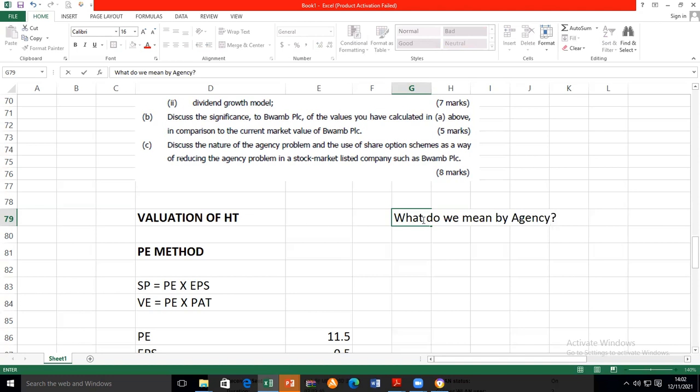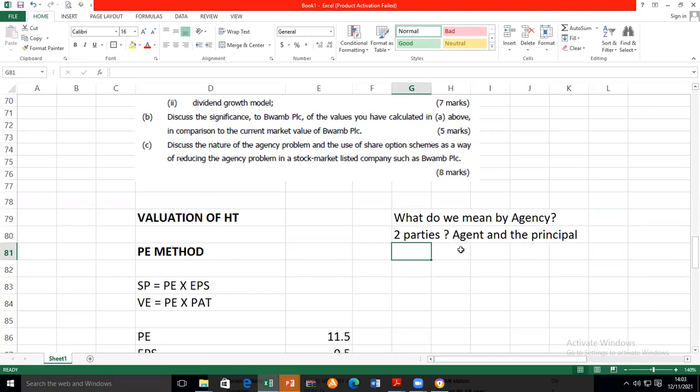This is a contractual relationship where there are two parties. Who are the two parties? The agent and the principal. What is the relationship? The principal engages the agent to undertake a task for them.